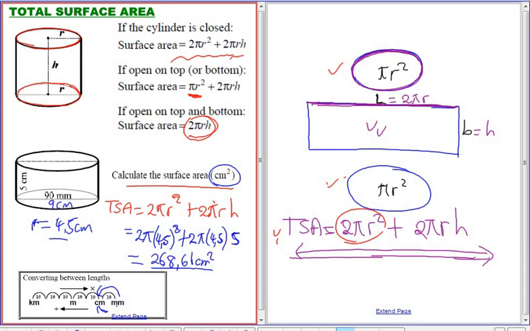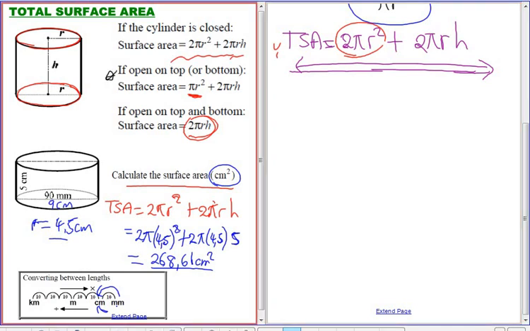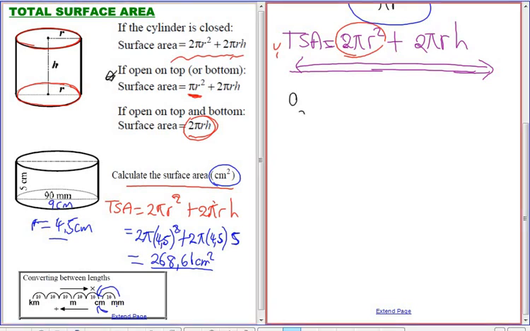You know what? Just so you can understand as well, let me just say this. What if it was this situation here? If it was open on top, if the top was open, or maybe the bottom was open, one of the surfaces was open, how are you going to calculate the total surface area? I hope you heard me. You remove one of the circles, you only have one.